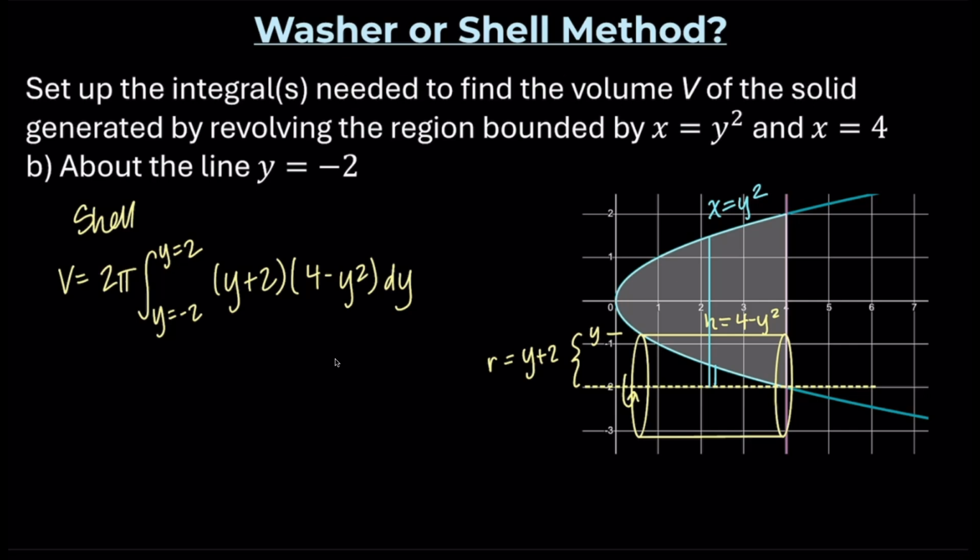So I would have to rewrite this to be y equals plus or minus the square root of x. And so the top part is positive the square root of x and the bottom is negative the square root of x. It's still possible, just a little bit more work to solve to be a function of x. But that was the reason why I avoided doing that. And also so we could see another example with the shell method as a function of y to see these sideways shells.